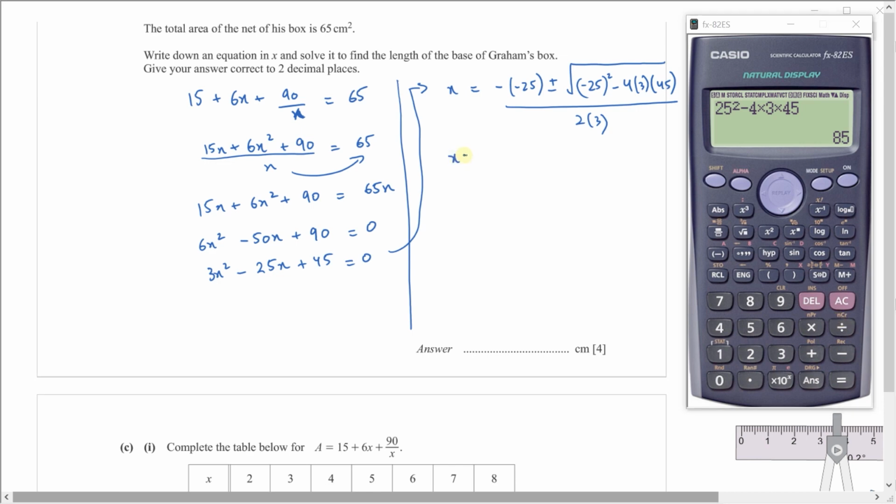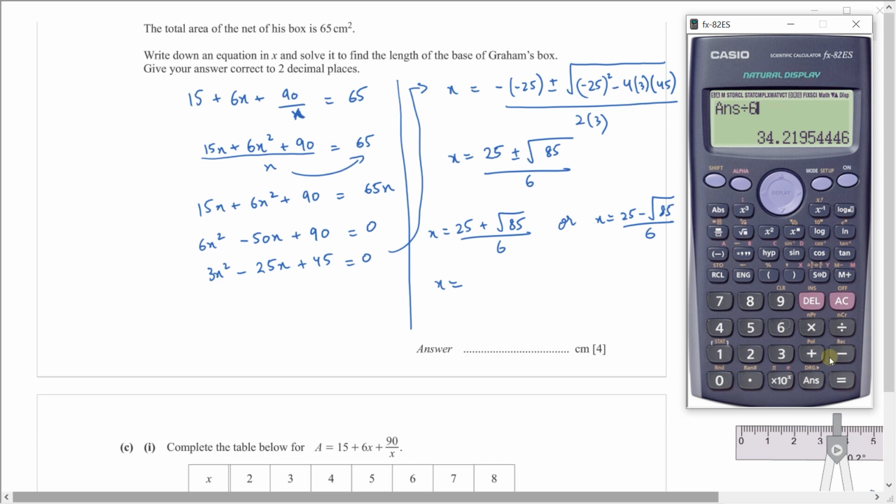So x will be plus 25 plus minus square root of 85 divided by 6. So x is 25 plus square root of 85 divided by 6, or x is 25 minus square root of 85 divided by 6. So here x is 25 plus square root of 85 and then divided by 6.